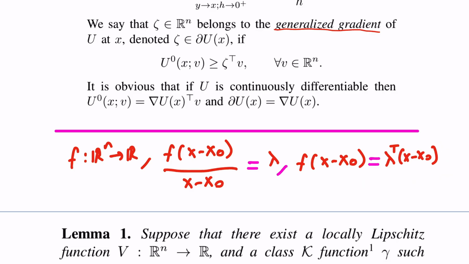Okay, so this lambda expression would be our quote-unquote derivative, like a differential. For the subdifferential, basically, instead of an equality, we have an inequality. And for all the lambda terms that satisfy this type of condition, the set that composes all those lambda terms is our subdifferential, or Clarke differential.